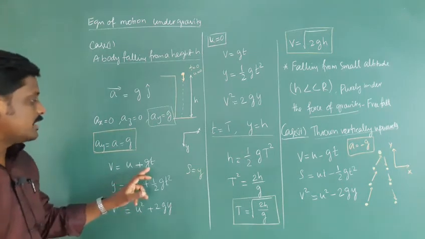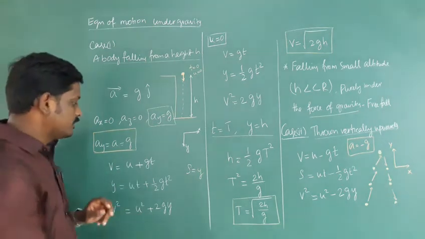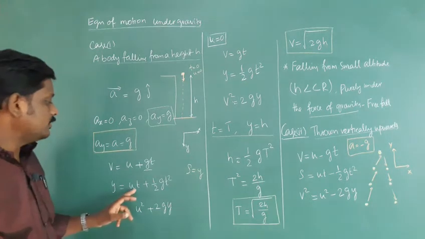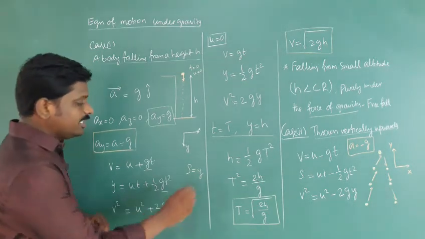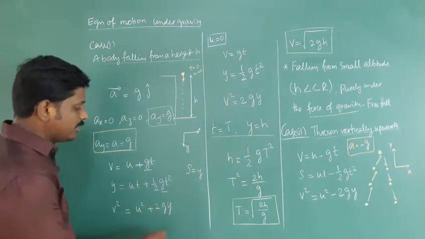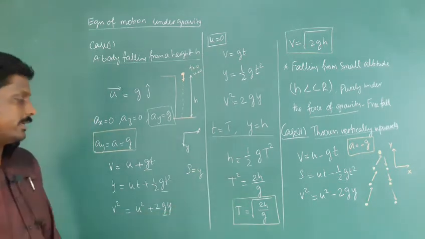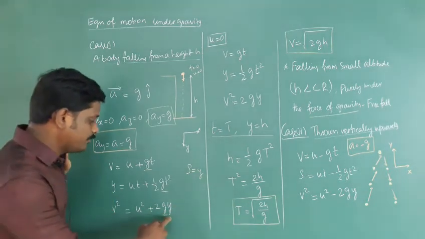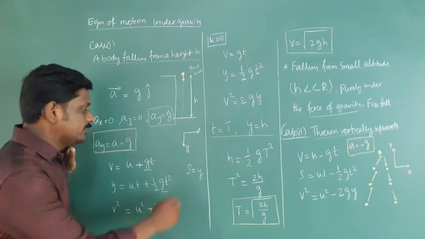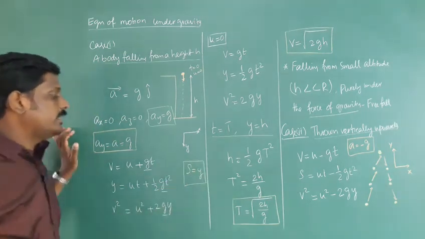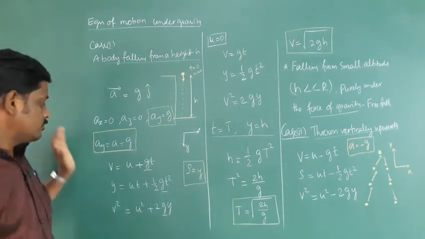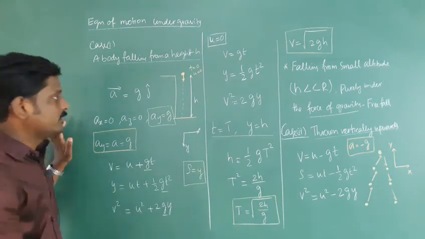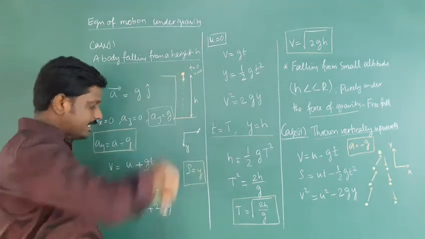So v equal to u plus gt, then y is equal to ut plus half gt square, then v square equal to u square plus 2gy. Here the displacement s is taken as y, so instead of s use y, because the object moves in the y direction.